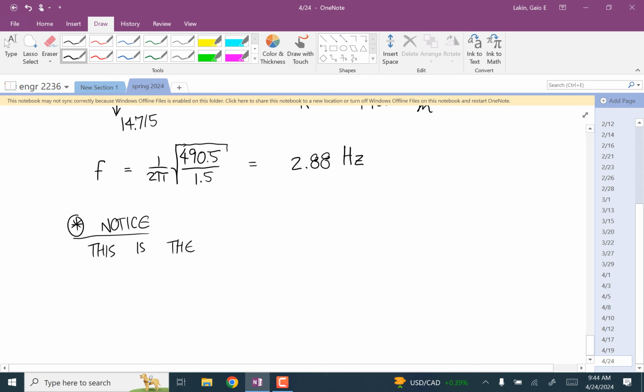So this is the natural frequency of this spring mass system in any orientation.